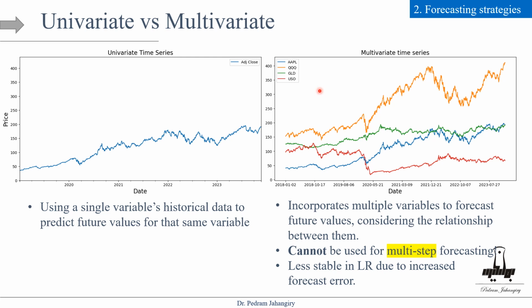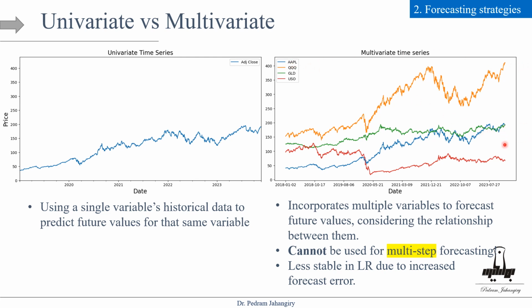Simply, we can say that multivariate time series forecasting cannot be used for multi-step-ahead forecasting. Technically it can be, but practically it's going to be challenging, because you need to predict the future values of each of these variables in order to use them for making a prediction, for example, for Apple stock price.